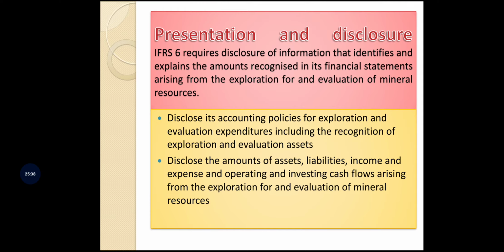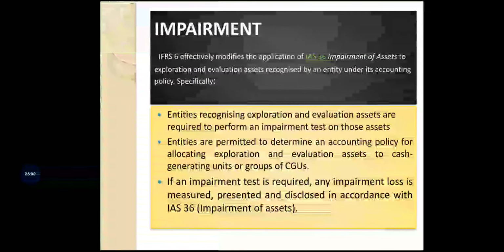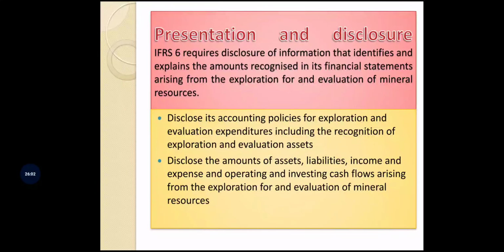The activity means exploration and evaluation. This is the activity. So to carry out this activity, whatever expenditures are incurred, those expenditures must be recognized by a business entity in connection with the assets used in the exploration and evaluation of the mineral resources. Okay, mineral resources.